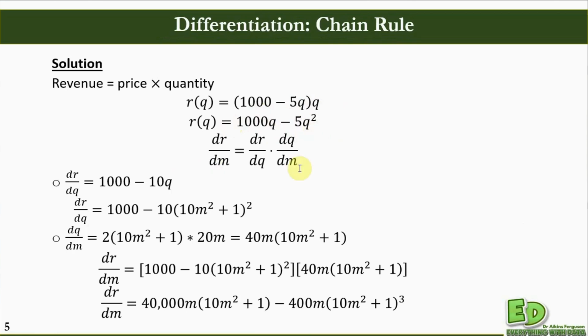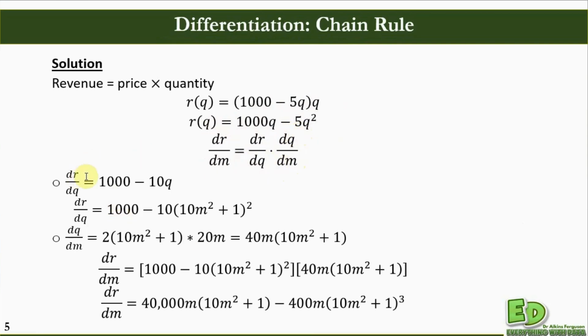Right. So using the chain rule formula, we can say that our marginal revenue, dR/dM, is the change in your revenue over your change in the quantity, times the change in your quantity over the change in the number of employees. So dR/dQ multiplying dQ/dM.